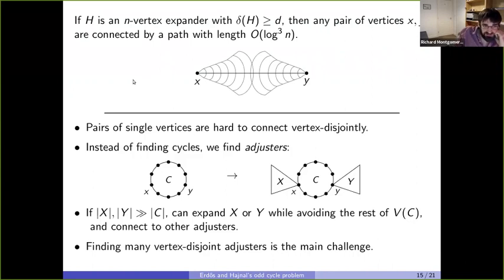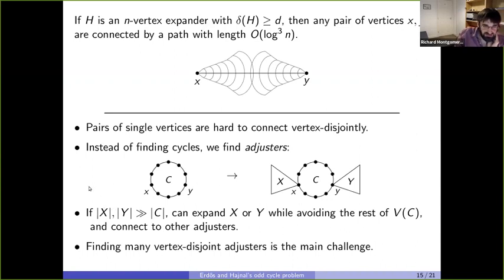So yes, as above, pairs of single vertices are really hard to connect vertex disjointly if I find some other stuff already in the graph, some other of these cycles, and I wish to find more cycles and then connect them up as I showed them. So instead of finding cycles for our construction, what we do is we find the cycles and we find other subgraphs as well, which are larger than the cycle, and will help us join everything up.